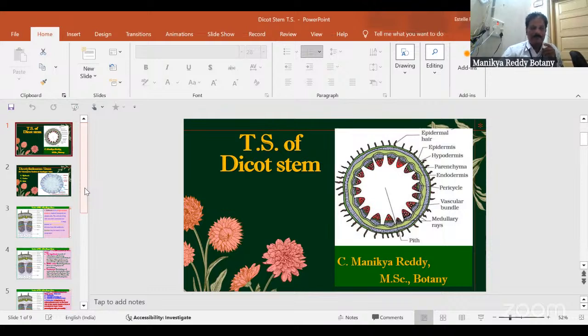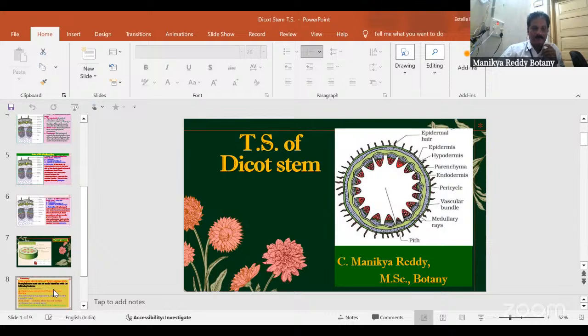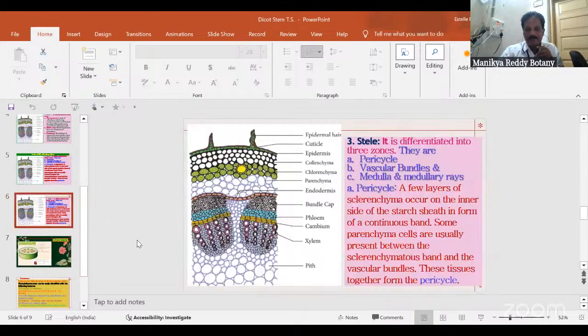So this is stele. And the central portion is made up of simple parenchyma, that is called pith or medulla. This is simple parenchymatous tissue. It is a ground tissue.